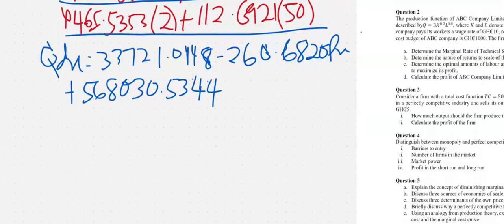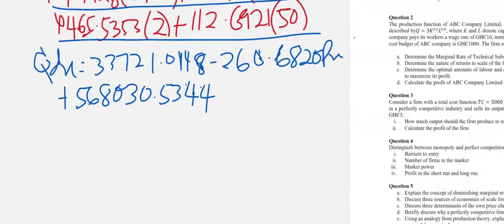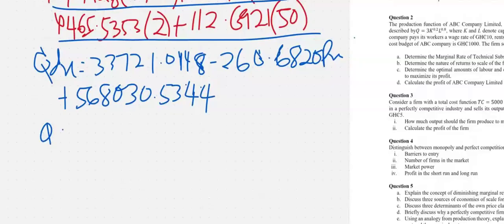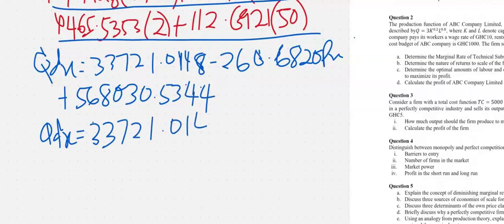So you're going to have QDX equals 33721.0148, right?